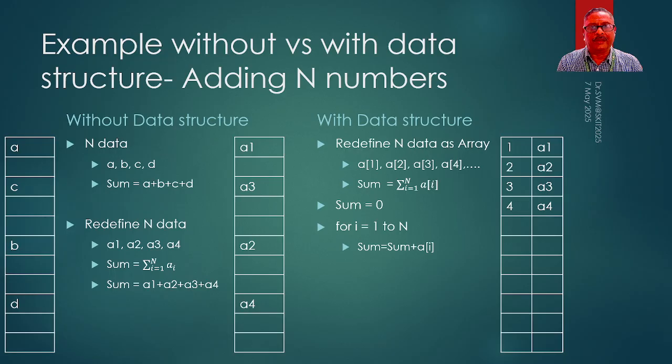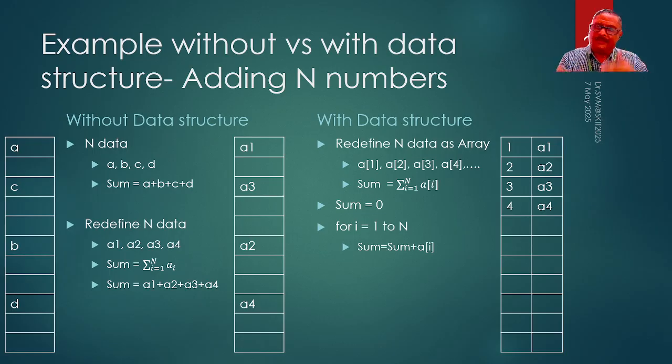That is the advantage of working with data structure. Just imagine that we have 100 numbers and we want to add them. Then it will be like using a calculator: read one number, type it on the calculator, plus second number, plus third number, plus fourth number, plus fifth number, plus sixth number.